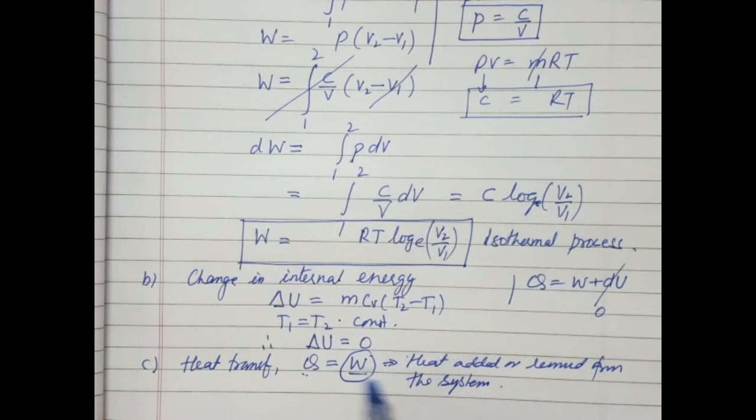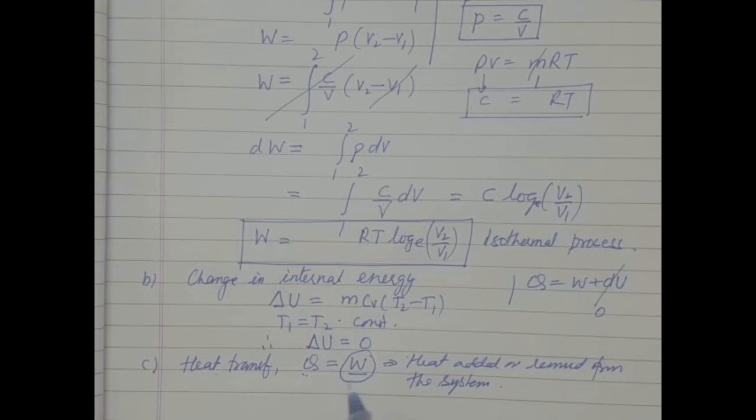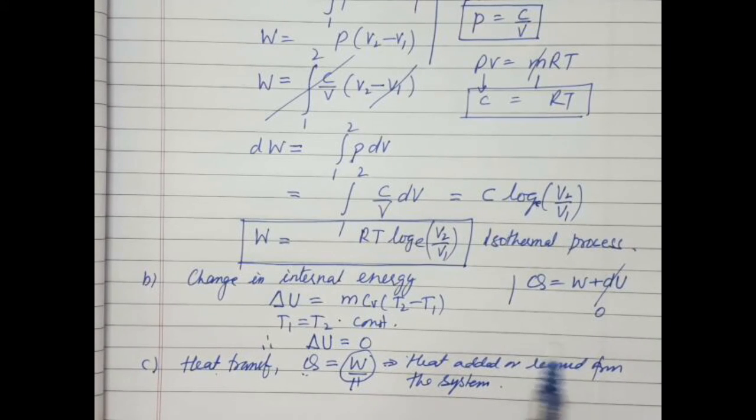So heat added or removed from the system is equal to the work done on the system. So we know that this is not possible according to the thermodynamic principle, because heat is a low grade energy and work is a high grade energy. So this is a hypothetical statement only. You cannot assume that all the heat can be converted into work as per this equation. This is only an idealistic equation, and so this is your isothermal process.